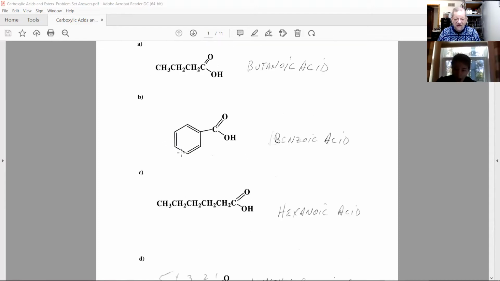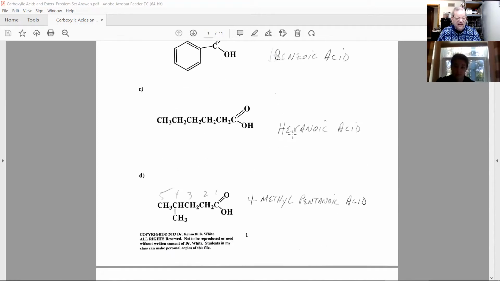Now, when R is a benzene ring in a carboxylic acid, the common name has become the IUPAC name, benzoic acid. Now, when you have an alkyl group or substituent on the R group, the carbonyl carbon is always number 1 because carbonyl carbon is rock. That's why I'm a carbonyl carbon organic chemist.